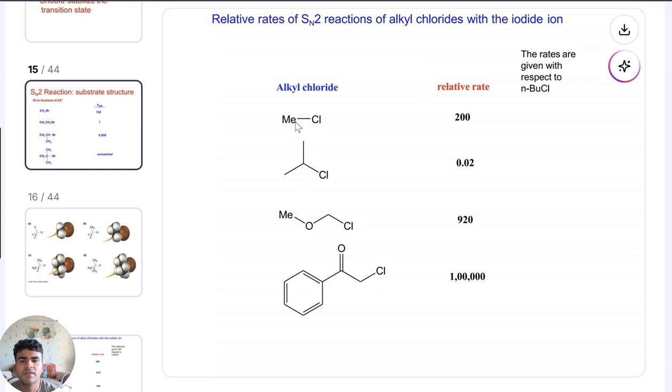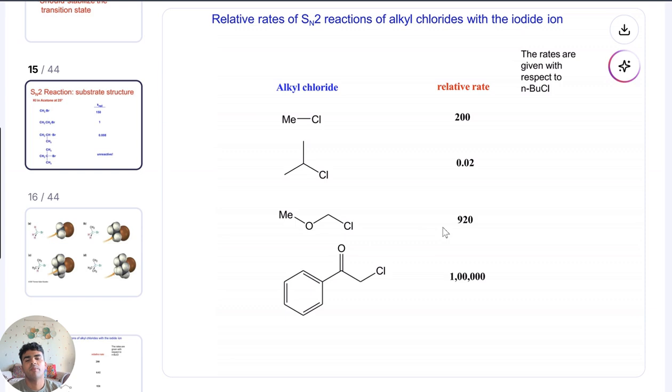Here you can see first CH3Cl, then when one methyl group is added, the transition state will be more crowded, so the rate will decrease. And if you substitute with one OCH3 group in this CH3Cl, then the rate increases very much because the transition state gets stabilized with the electron density of the p orbital.